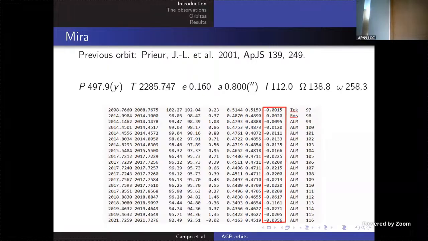The following columns are the observed position angle, the calculated position angle, and the residual between the observation and the calculation. The next columns are the observed separation and the calculated separation. If we look at the residuals of this separation, we can see a negative trend that indicates a systematic error in the orbit. So this merits a revision of the orbit.